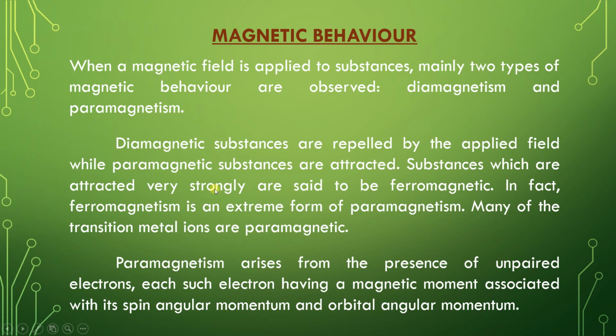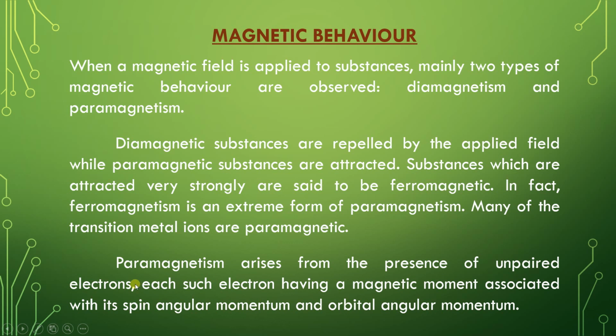Substances which are attracted very strongly are said to be ferromagnetic. In fact, ferromagnetism is an extreme form of paramagnetism. Many of the transition metal ions are paramagnetic. So the paramagnetism arises from the presence of unpaired electrons.